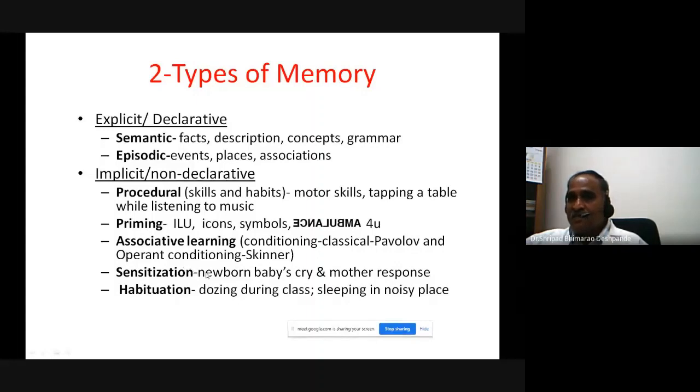Sensitization is a term used in implicit memory, where a particular person becomes sensitized to something. Suppose I was sleeping in a strange place. There is a clock producing a tick-tock sound, and that tick-tock sound becomes louder and louder as I try to focus on it.